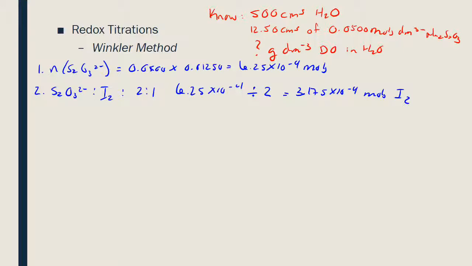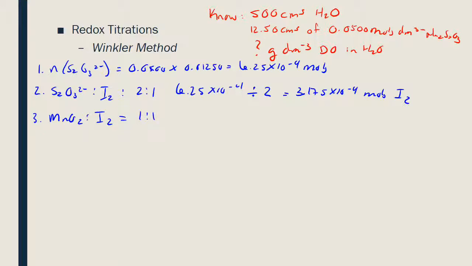Then, if we know how much iodine, we're now looking at step 2, like reaction 2 in the previous slide. We know how much MnO2 and the ratio of that to iodine.